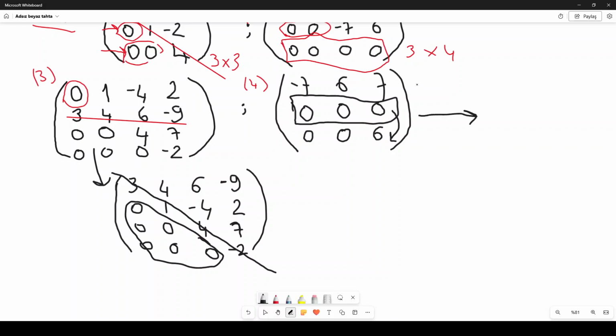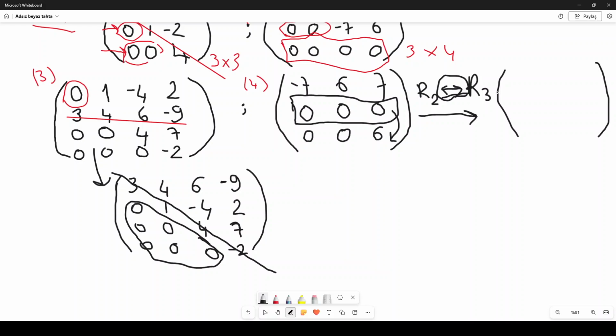We show this like, for instance, if I want to replace the second row by the third row, where R2 represents the second row and R3 represents the third row, I can simply use a doubly directed arrow like this. This indicates that I replace the second row by the third row.